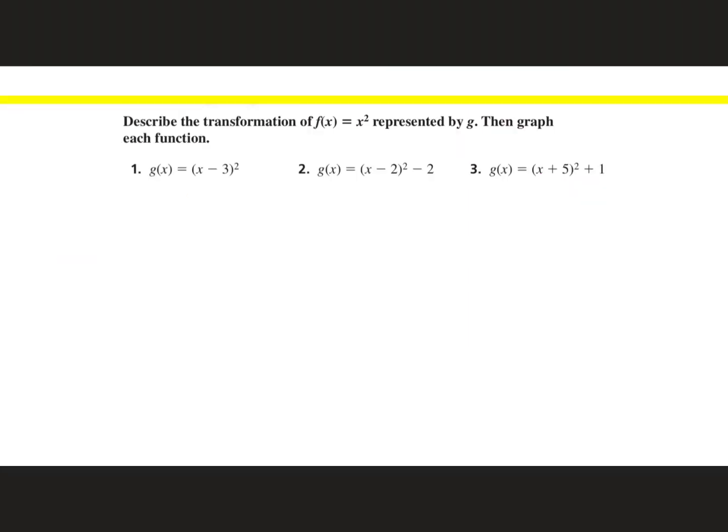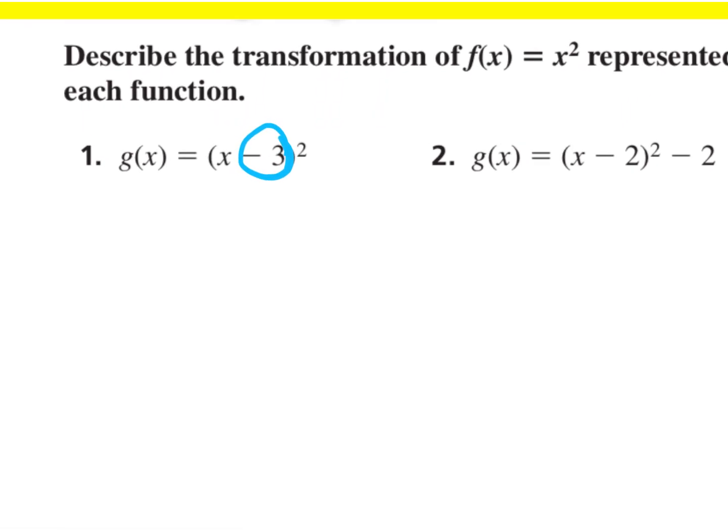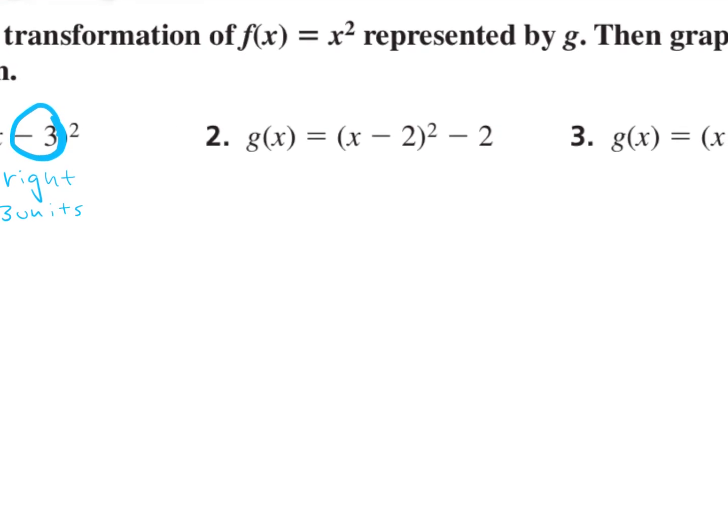On the next slide, we're going to describe the transformations here. When we subtract 3 on the inside, that tells us we are moving to the right 3 units. All we're going to do on this page is describe the transformations. We don't have to graph them.